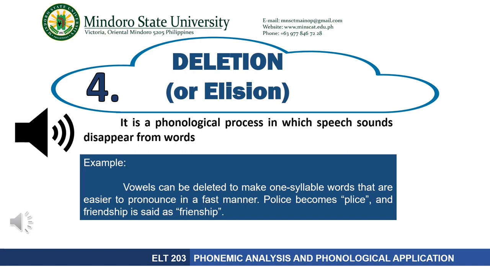So from the word itself, delete or remove. Given the example, vowels can be deleted to make words with fewer syllables that are easier to pronounce in a fast manner, just like a shortcut. So "police" becomes "p'lice", and "friendship" is said as "frenship".